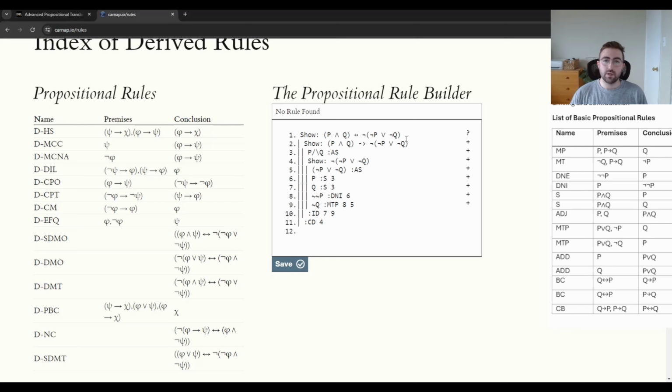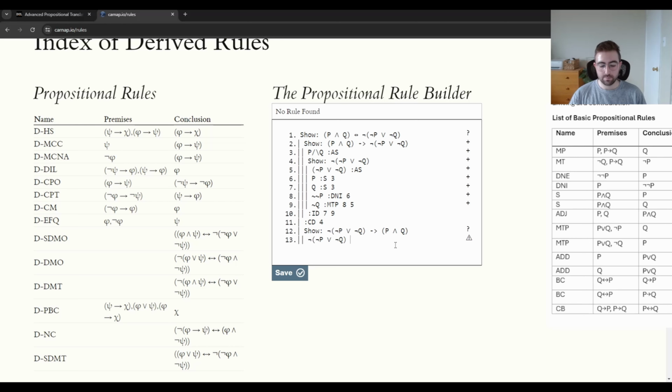We have to prove it the other direction as well. So now we want to show that the right side of this biconditional implies the left side. Well, now we assume this. Great. So how are we going to get P and Q?